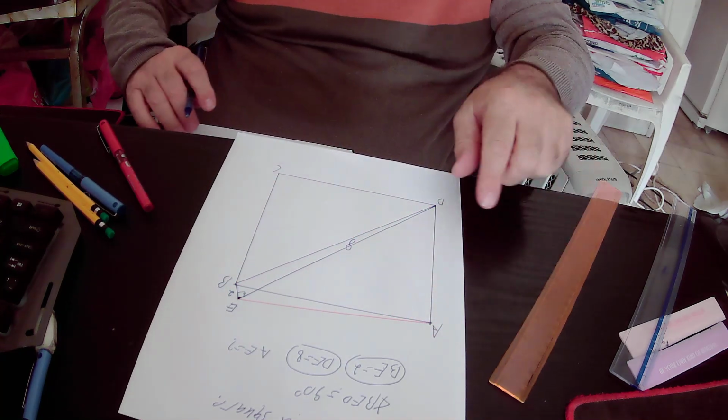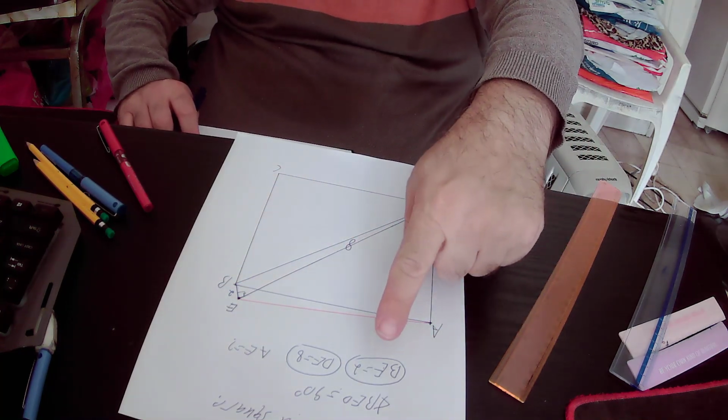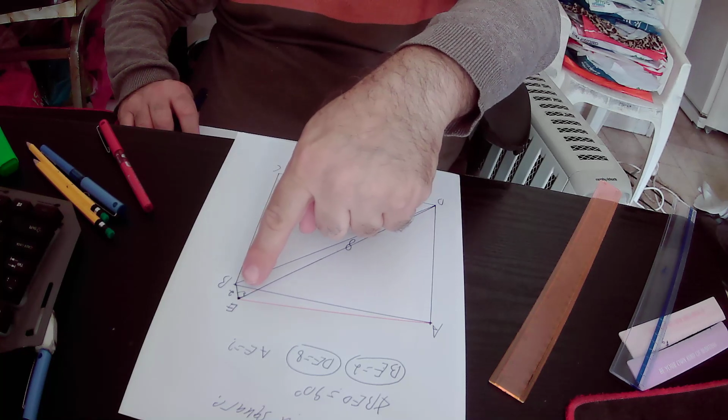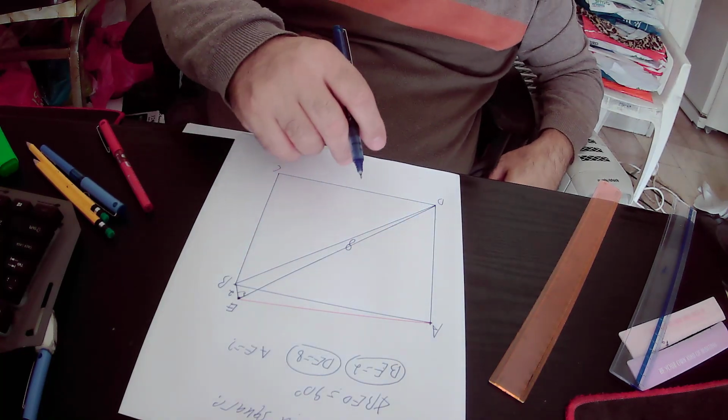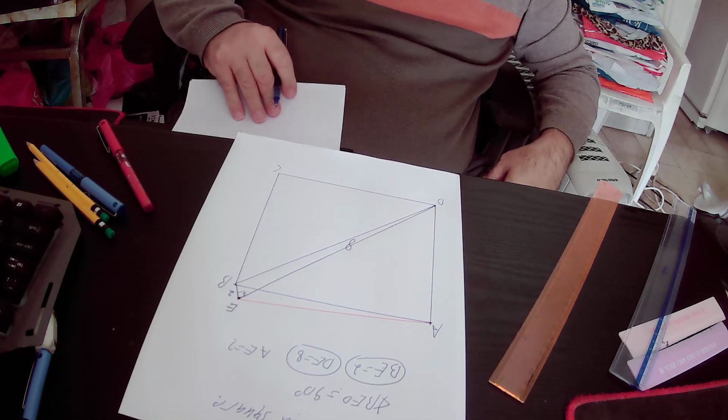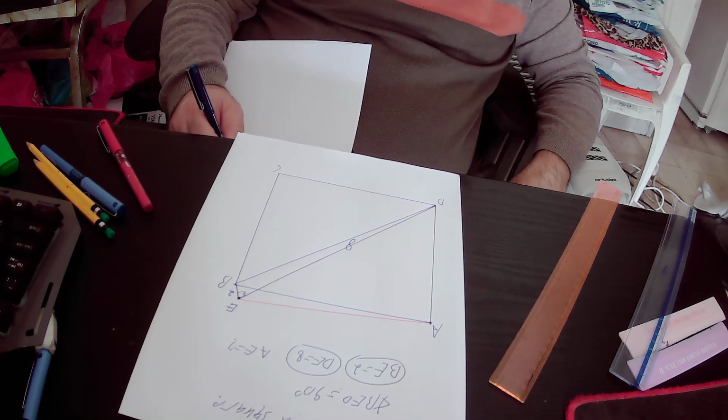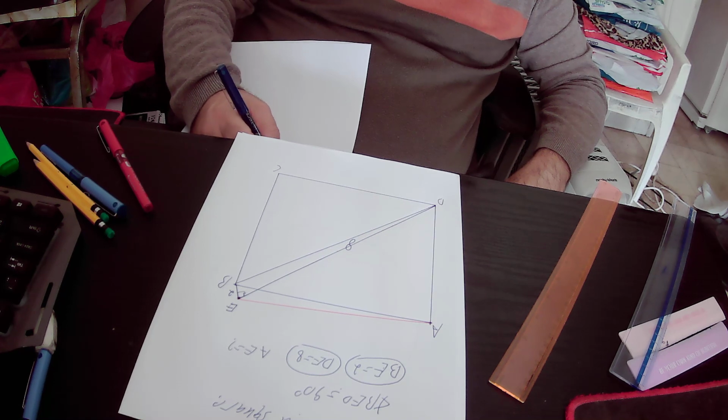It is given in the question that angle BED is a right angle, therefore triangle BED is a right triangle, so I will write it down. The triangle BED is a right triangle.